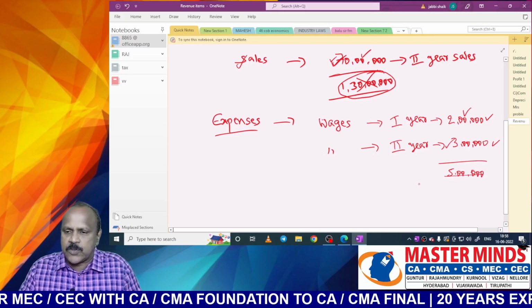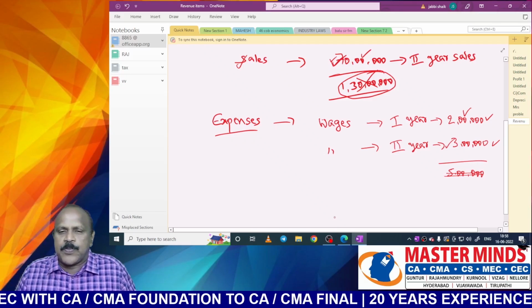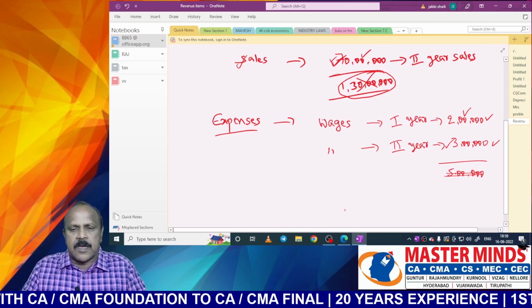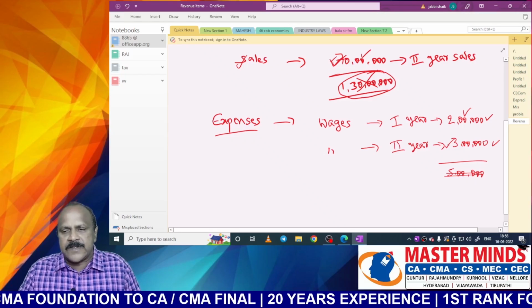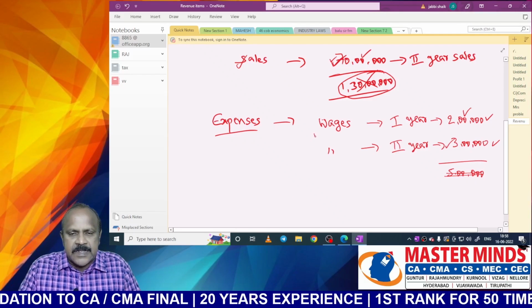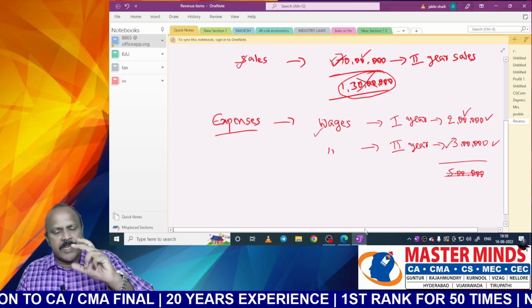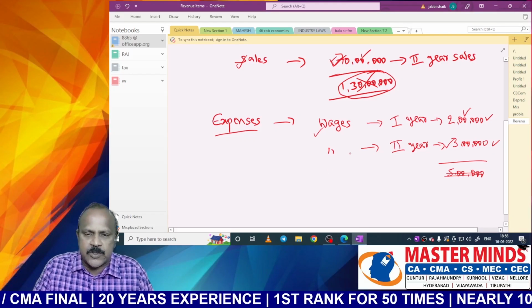This is wrong, students. By this, we know first year wages are confined to first year itself, second year wages are confined to second year itself. This way, wages is a revenue item. Like wages, all other expenses are revenue items, students.